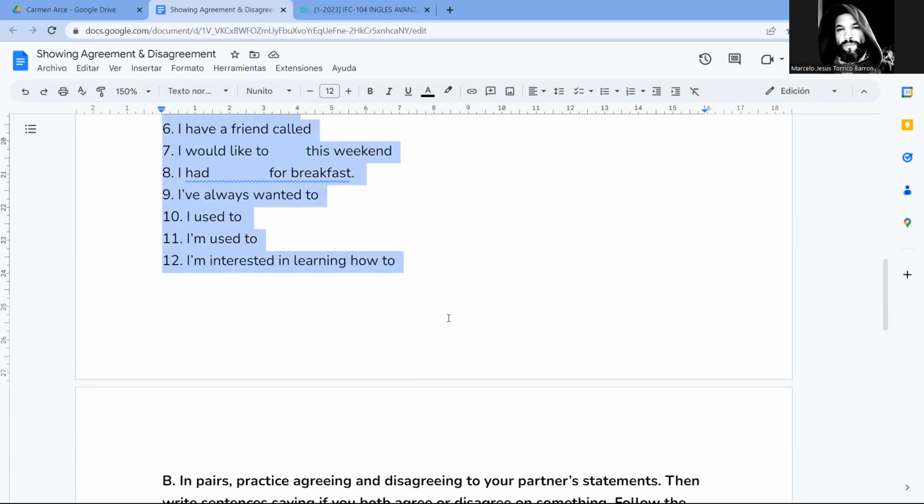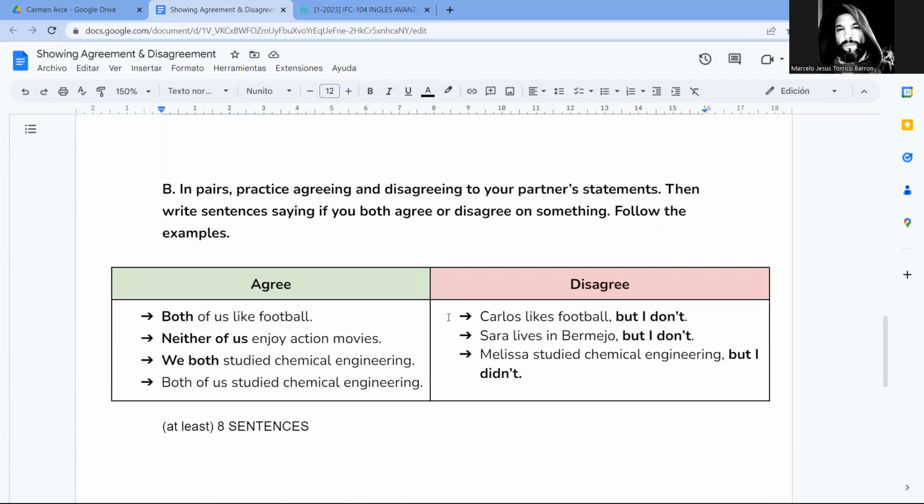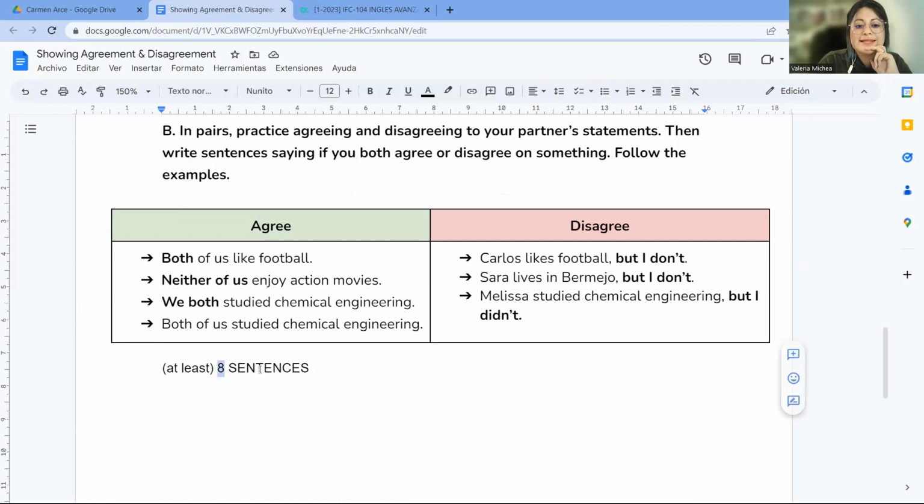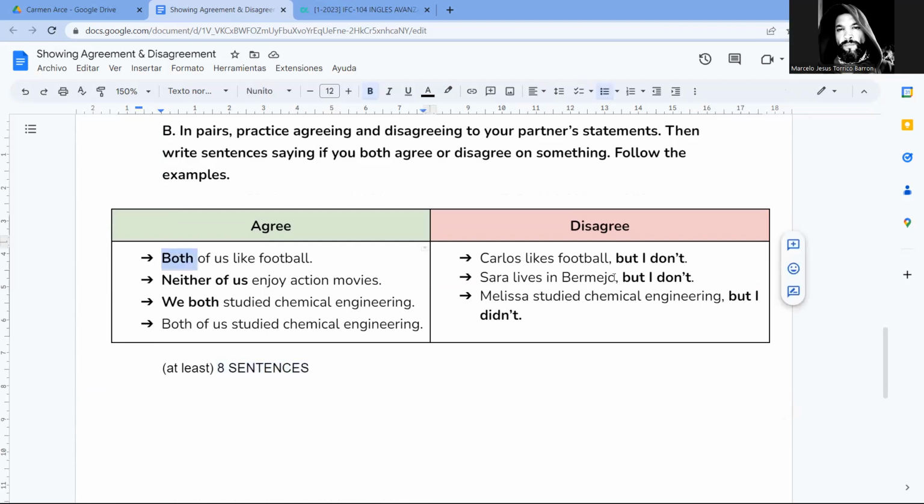Yes, but I mean if we have to write the answer of my partner. Oh, another person's answers? No. What you are going to write is 8 sentences saying what you agree on or what you disagree on. Okay, thank you for your question.